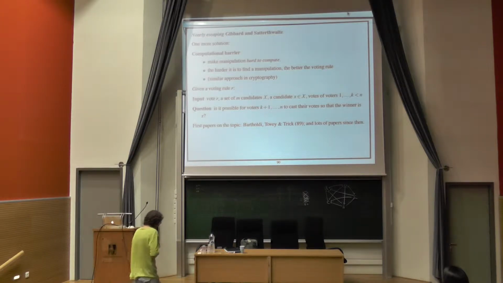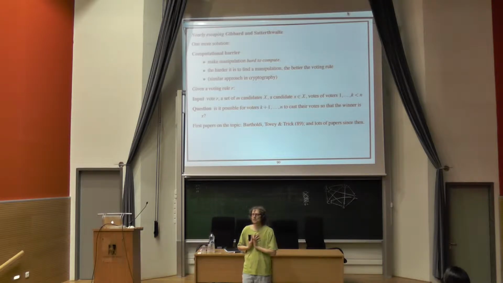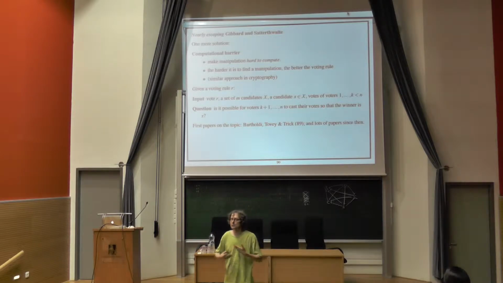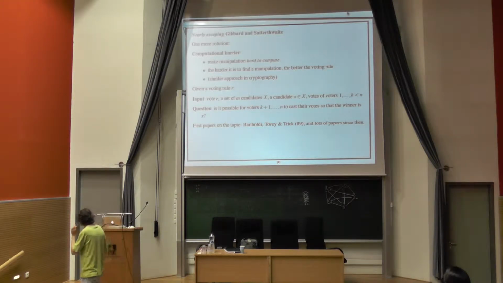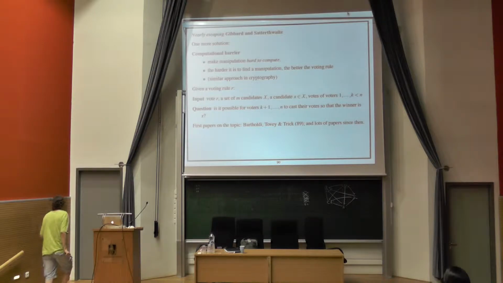So we assume that the manipulator knows the votes of the others. If it is hard even in that case, of course it will be even harder if he doesn't know the votes of the others. So we focus on that very simple assumption where the manipulator knows how the others are going to vote.